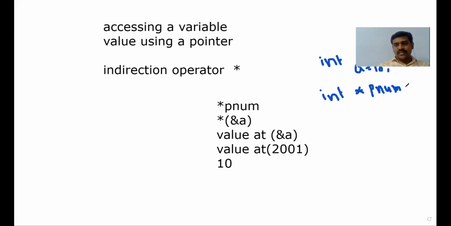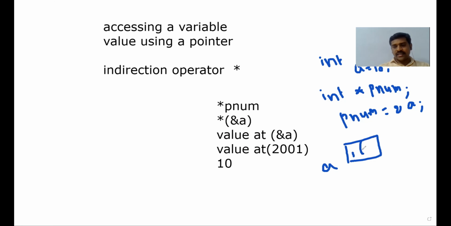How to assign a value to this pnum? pnum is equal to the address of the variable, that's why I am writing &a. Whenever I write like this, the compiler will set aside 2 bytes, the value of a is 10, and the memory location is, let us say, 2021.